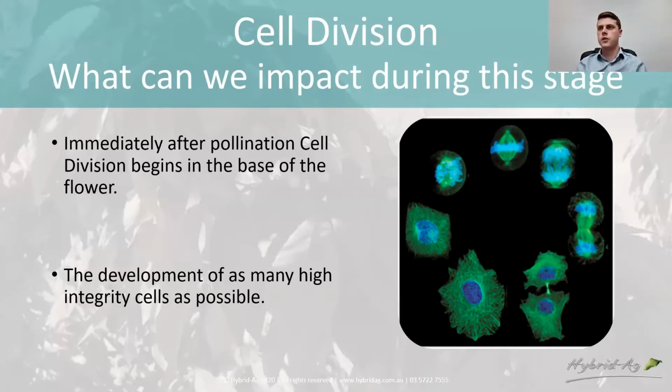We've tried to summarise a couple of the more important areas where nutrition can play a fair influence. This is one of the more critical areas in the season for fruit quality, particularly, and also size and density.